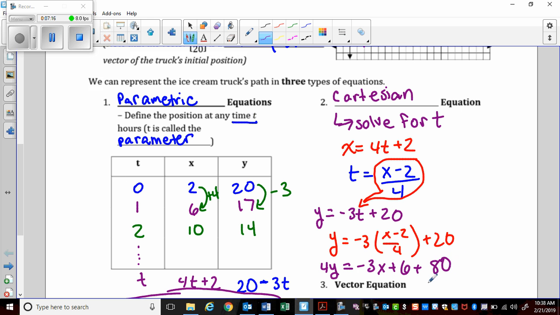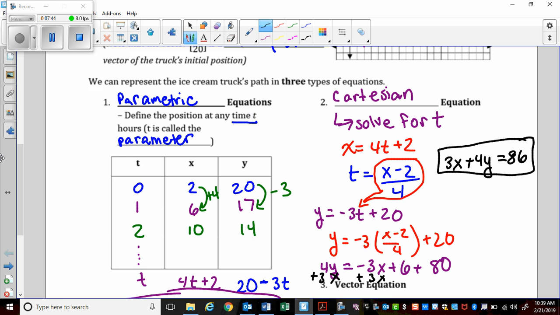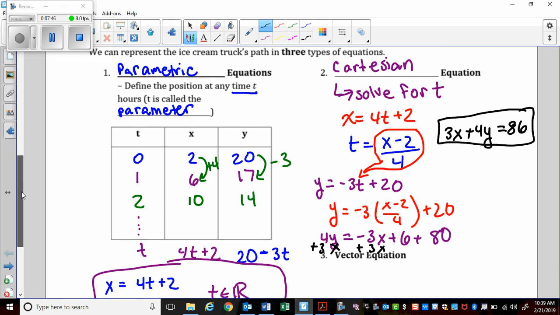And we can just combine these. I'm going to move this 3x to the other side, so I'm going to add it. This is our Cartesian equation: 3x plus 4y equals 80 plus 6. So this is in terms of x's and y's.